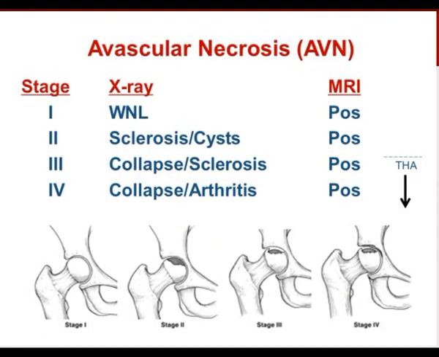There are a number of different classifications of AVN in the literature. What they all have in common is that when you get to stage 3 disease, you're involving either articular surface collapse or imminent articular surface collapse through the crescent sign. So if you have a patient that has stage 3 disease or worse, that patient gets a total hip arthroplasty. You should not check the box for any hip preservation option for a patient that has stage 3 disease or more.